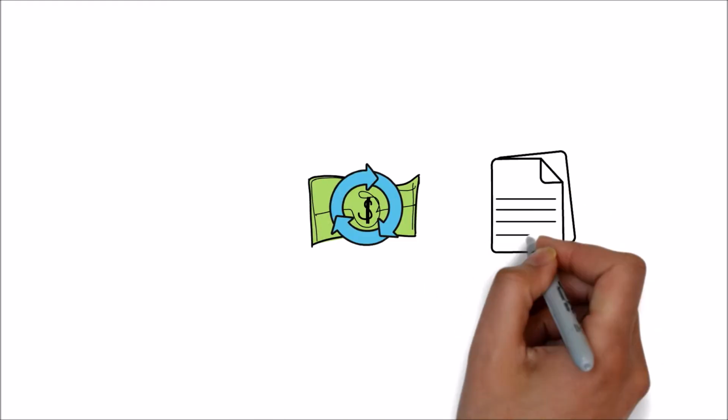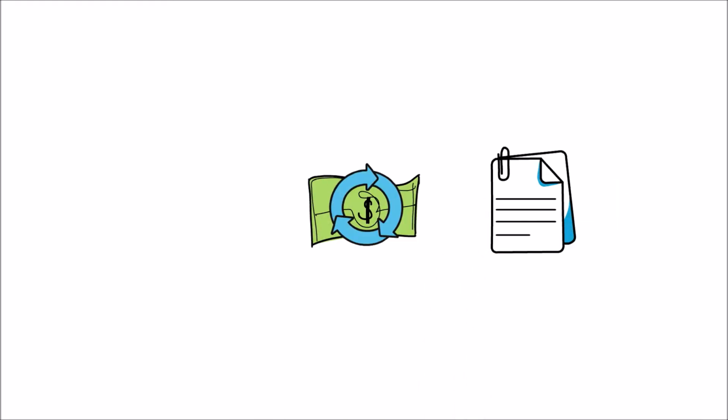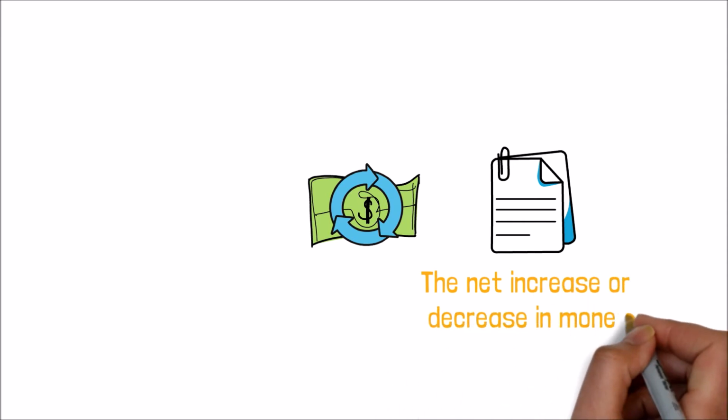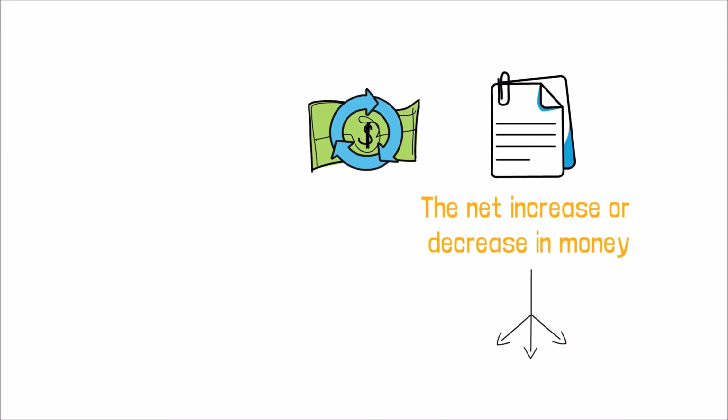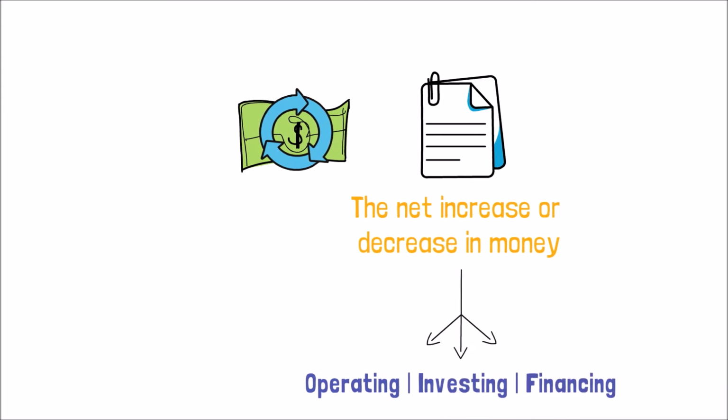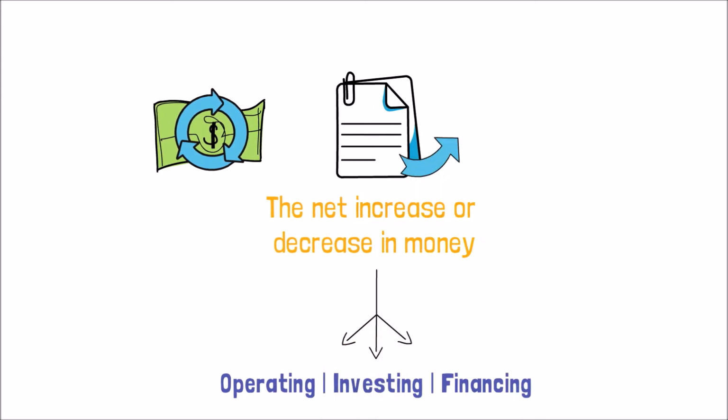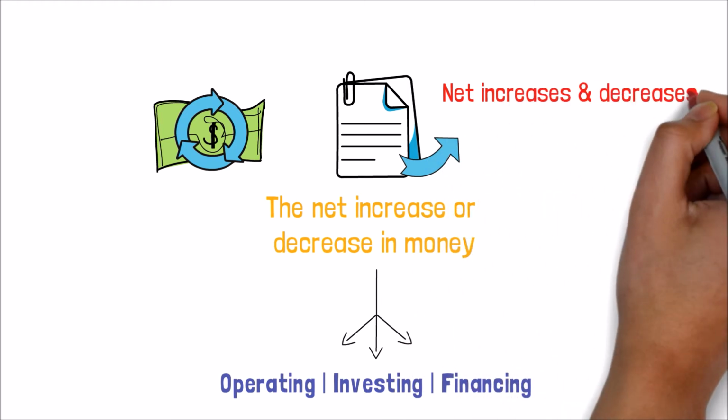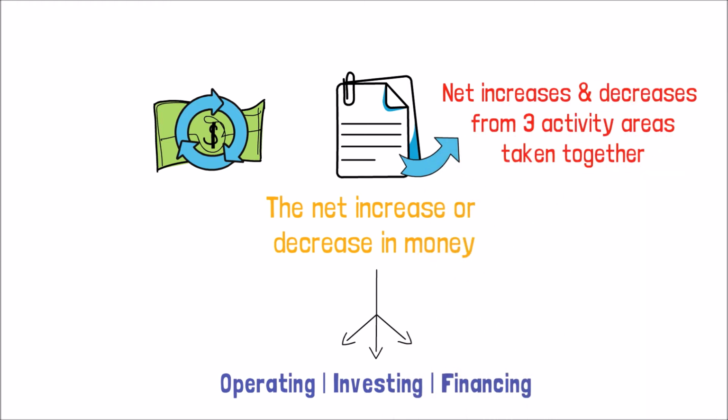The net change in cash for a company is shown in the cash flow statement, which depicts the net increase or decrease in money across three primary functions: operating, investing, and financing. The bottom of the cash flow statement shows the net increases and decreases from all three activity areas taken together.